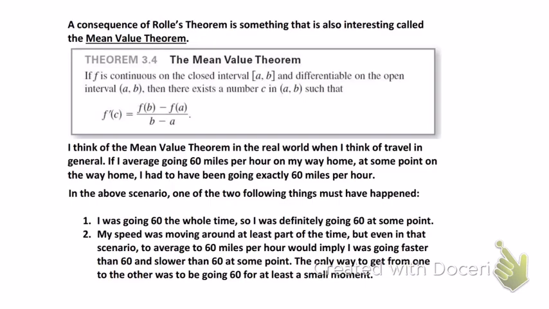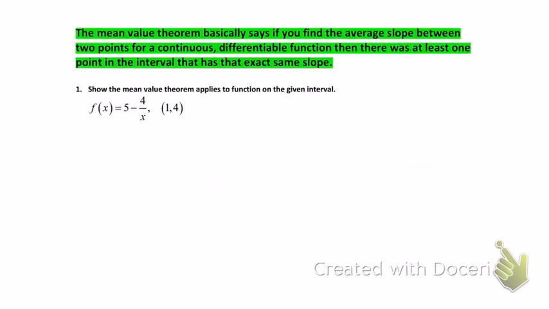We've had a formula for that forever. All right, so let's look at this one. Here's what it's saying in plain English. If you get the average slope between 2 points on that continuous differentiable function, then there's going to be some point in there that has the exact same slope at that point.